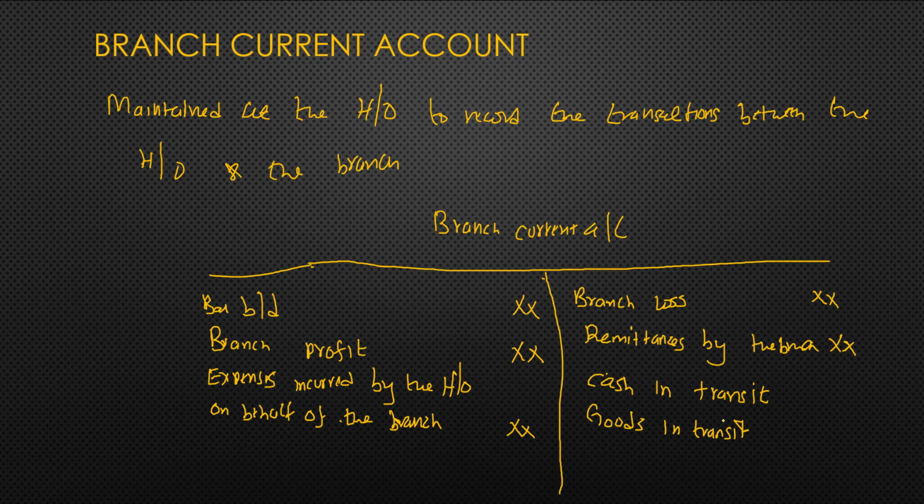And I don't think there's anything else, so we can get the balance carried down. There is cash in transit and goods in transit. The balancing figure will be there. Now, that is our branch current account.